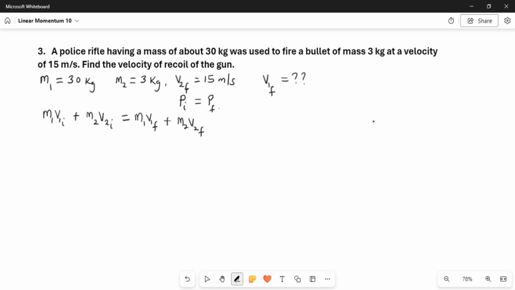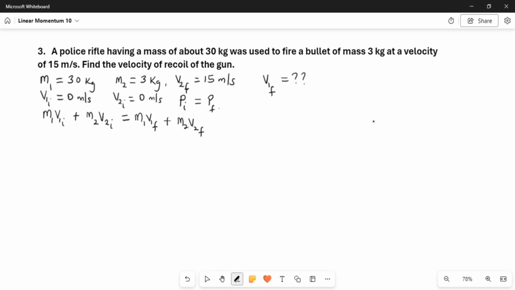So its initial velocity will be 0. So we say v1I, which is the initial velocity of the first object, which is the rifle, is 0 meters per second. Before the bullet came out of the gun, it was still in a resting state with the gun. So v2I, which is the initial velocity of the bullet, is also 0. So with this point, we can now find v1F.